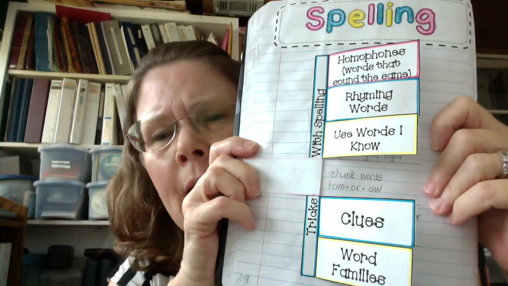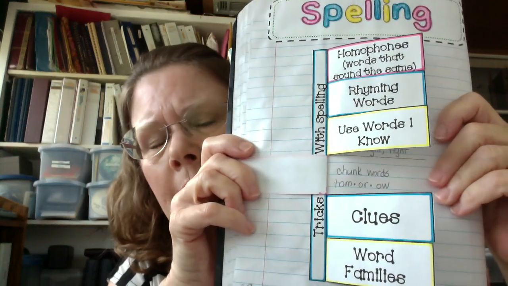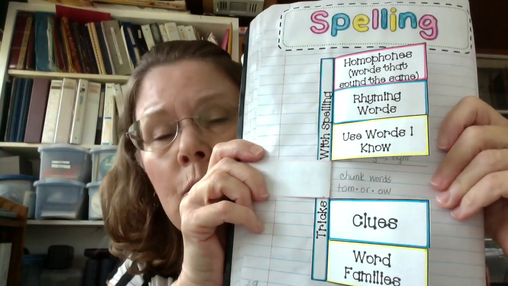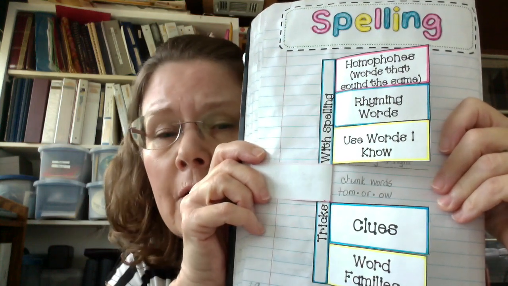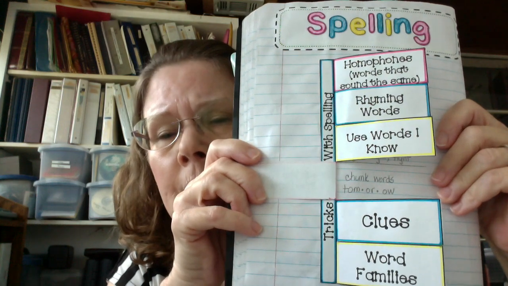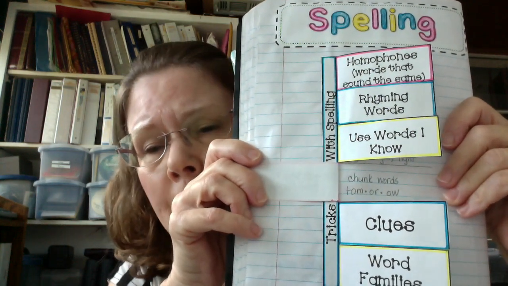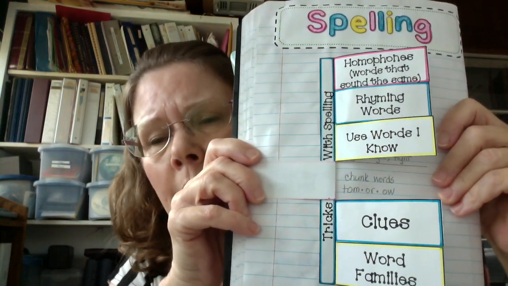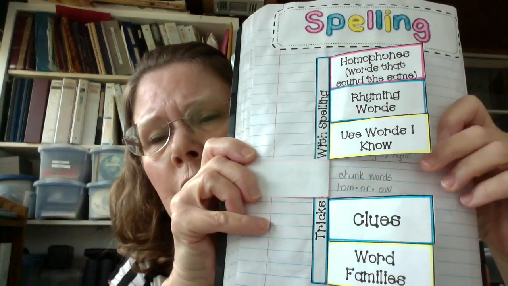We've done that in spelling, where you've taken your finger and covered up part of the word and figured out what's there, and then you've moved your finger a little bit and figured out what the next part says, and so on. And so that's kind of what you're doing here.